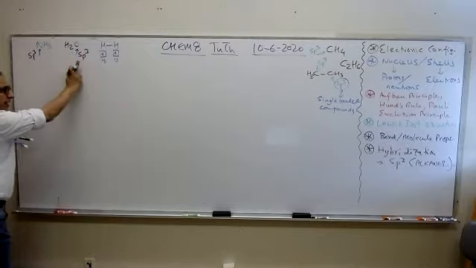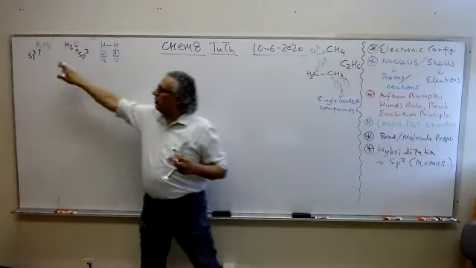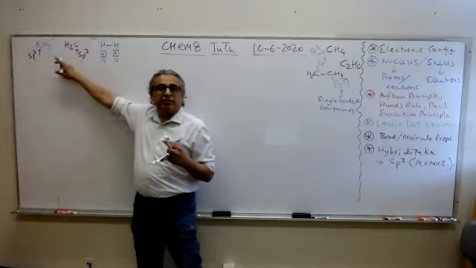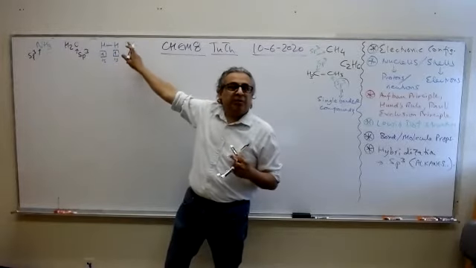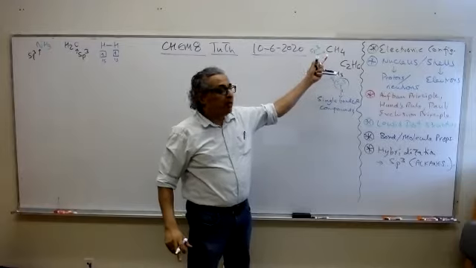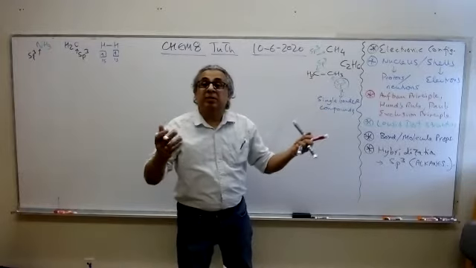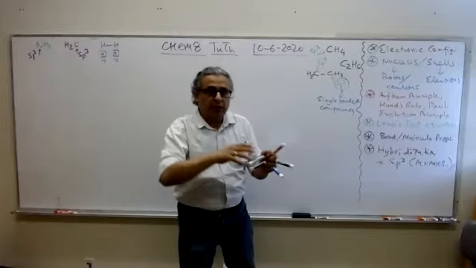If you cannot read it, whether the board is blurry or the resolution is low: nitrogen is sp3 hybridization, oxygen in water is sp3, CH4 in methane is sp3, and the two carbons in ethane are sp3 hybridization. Okay, just a quick background.